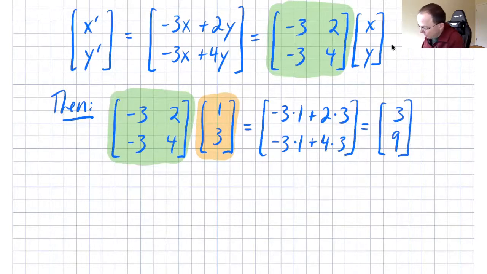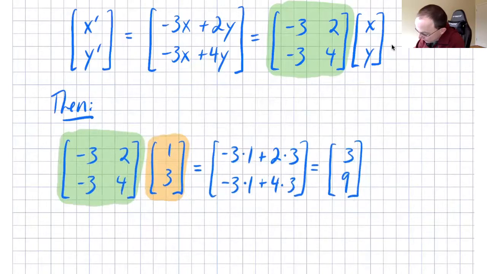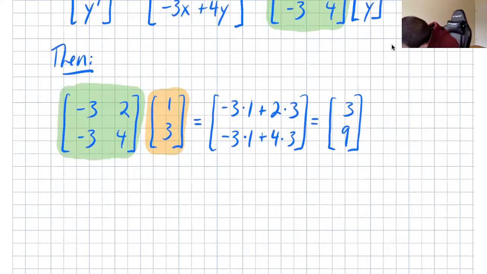Now notice something very interesting happening here. This vector started as 1, 3. We multiply by this matrix and we get 3, 9, which is precisely 3 times the original vector. So this is actually equal to 3 times this vector.